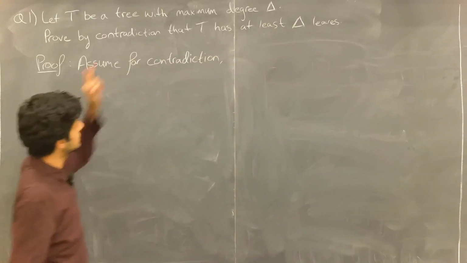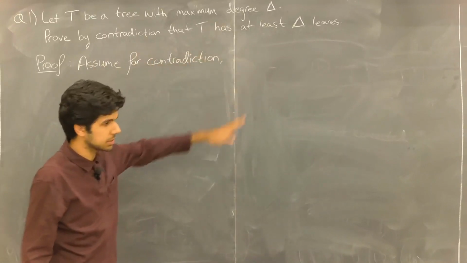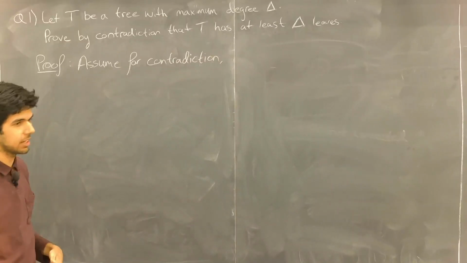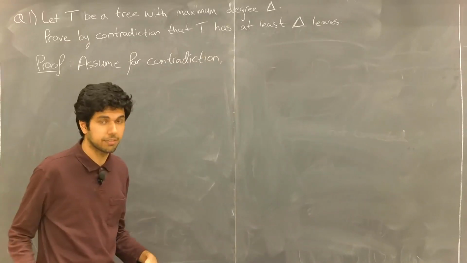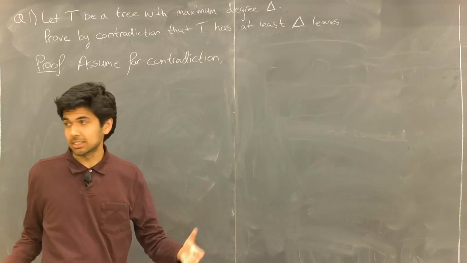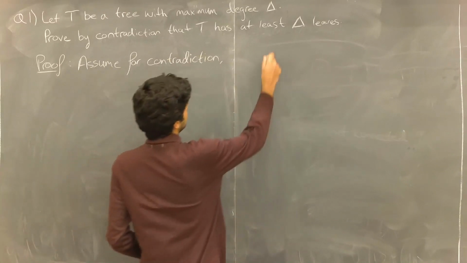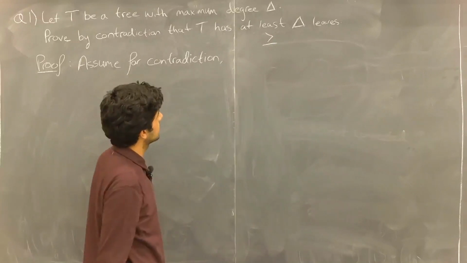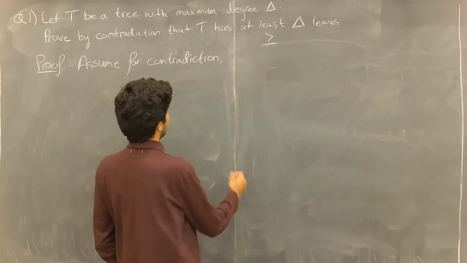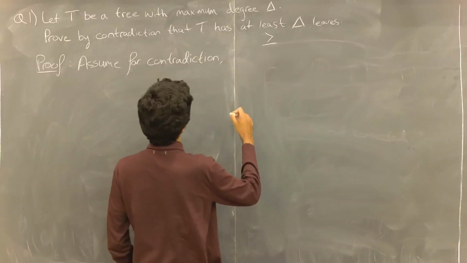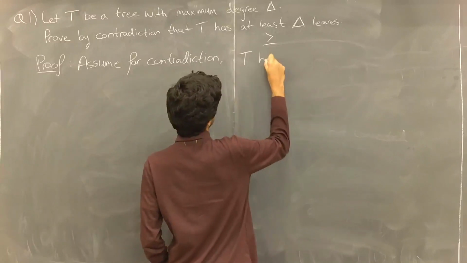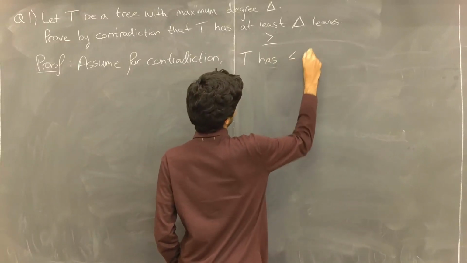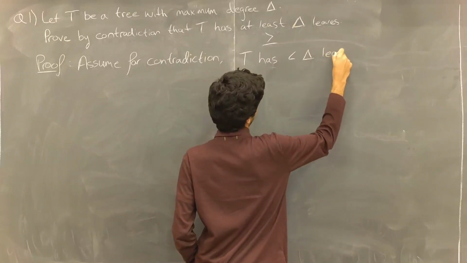Well, we're asked to prove that T has at least delta leaves, so we will take the negation of that. At least delta leaves can be considered greater than or equal to delta leaves. So if we were to take the negation of that, it would be: assume for a contradiction that T has less than delta leaves.